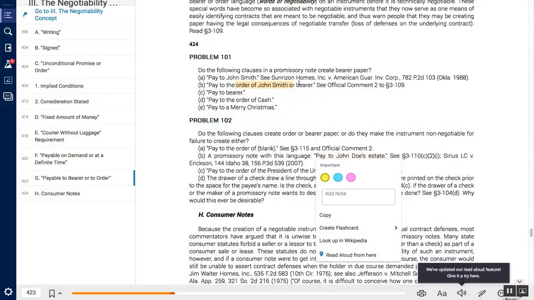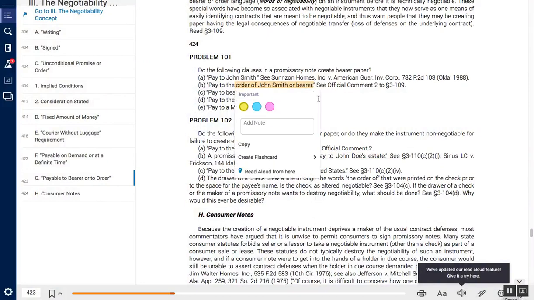It has to be one or the other. Pay to the order of John Smith or bearer. Okay, well now this is just a confused person that would write that. You typically want to write one or the other. Is it order paper so that you require the signature of the person to whom it's made out to or negotiated to in order to negotiate it further? Or do you not want to require that signature?